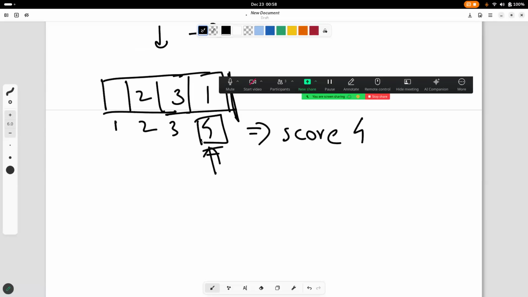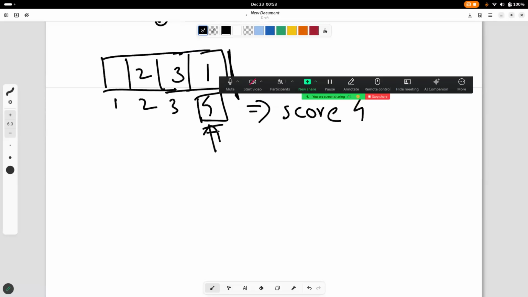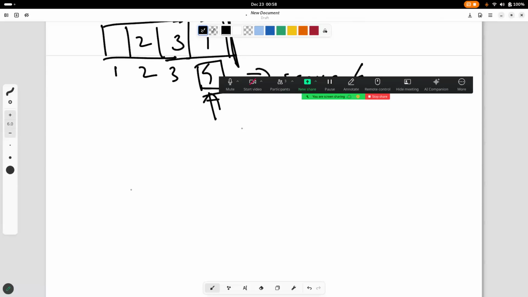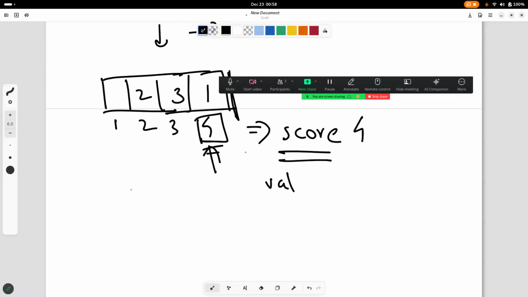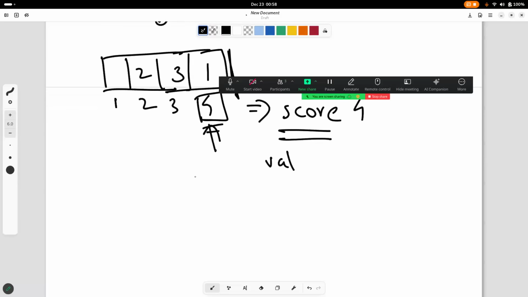All right. So this was the first test case. Basically, what we had to do was determine the minimum possible value of score that you could get by placing the snakes in the most optimal way. And that most optimal way had to ensure that no two snakes collide.